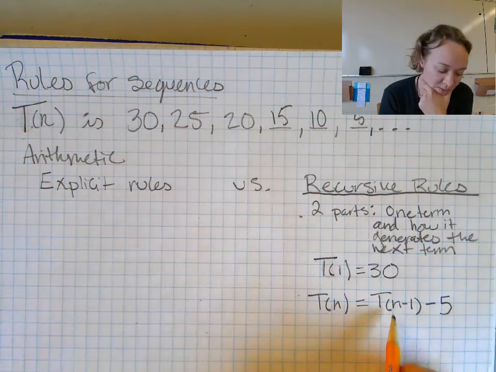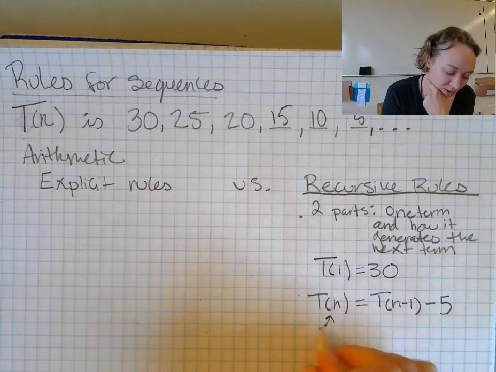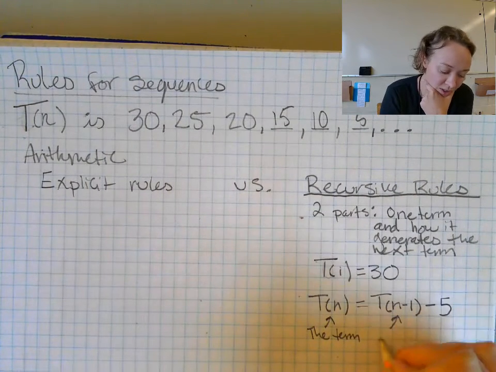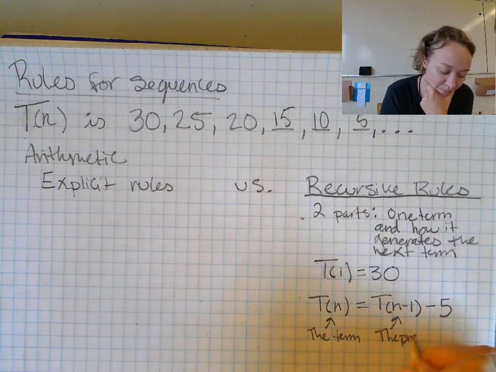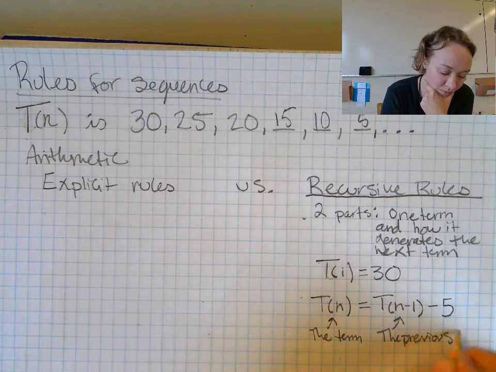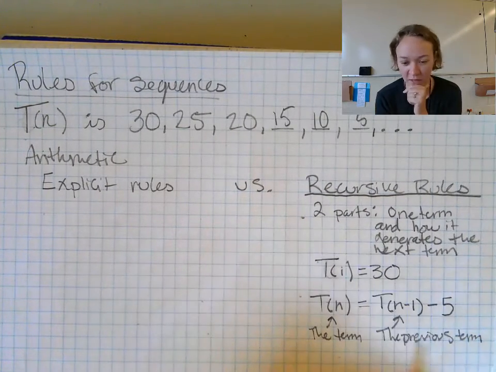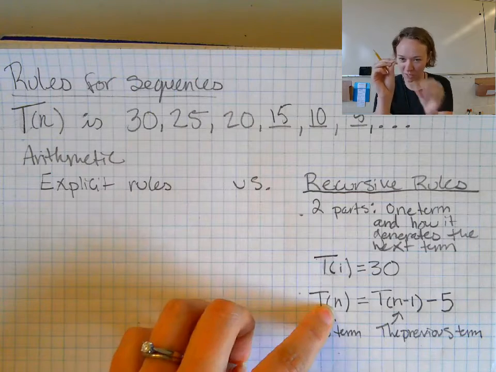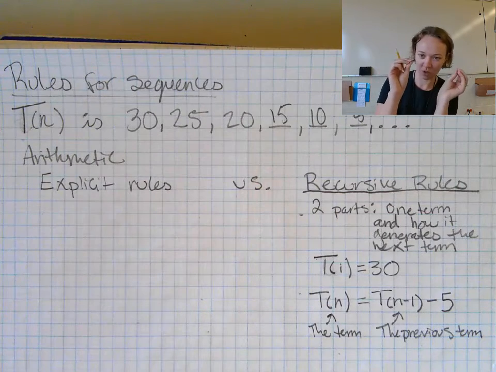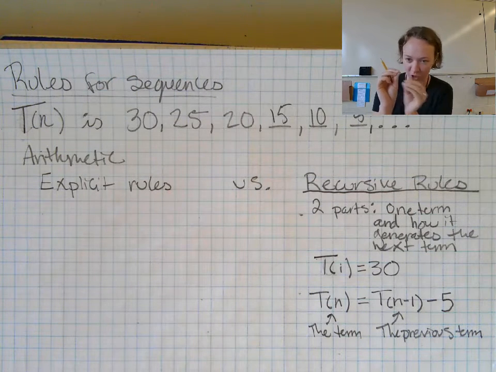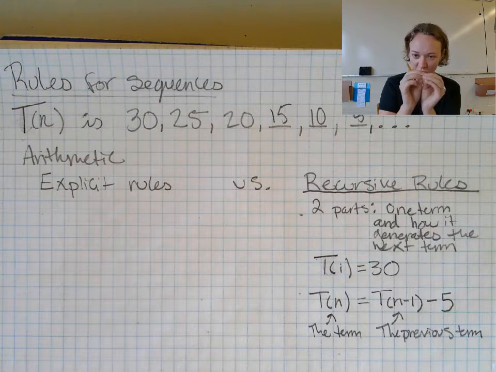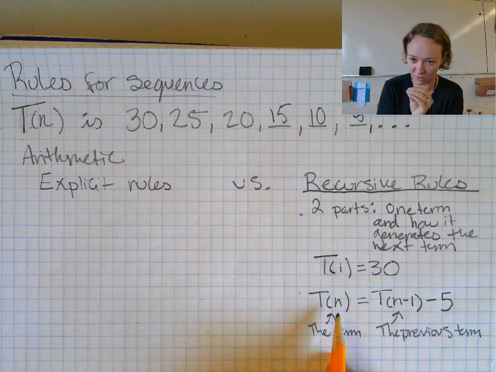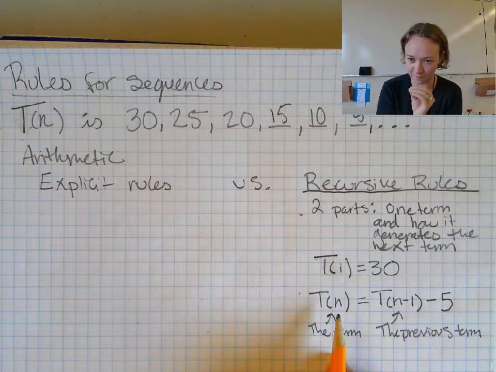And so what this means is t of n is the term, and t of n minus 1 is the previous term. Because if you think about it, n minus 1 means instead of taking the nth term, I'm looking at the (n minus 1)th term. So instead of looking at the 10th term, I'm looking at the 9th term. So if I take the 9th term and I subtract 5, that'll give me the 10th term, right?